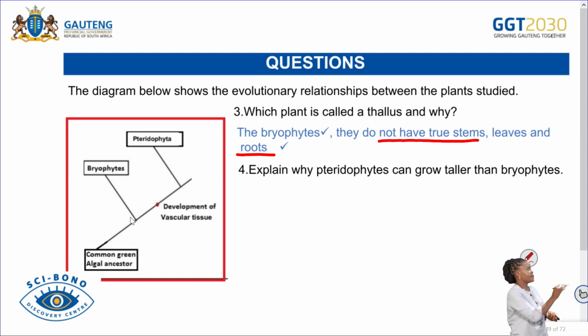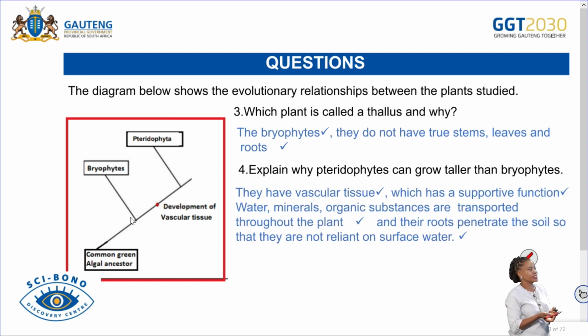Explain why pteridophytes can grow taller than bryophytes. I think we've explained that earlier on. It is because they've got the vascular tissues, and those vascular tissues give the supportive function. Water, minerals, and organic substances are transported throughout the plant.